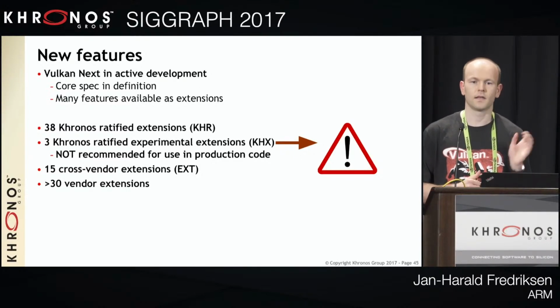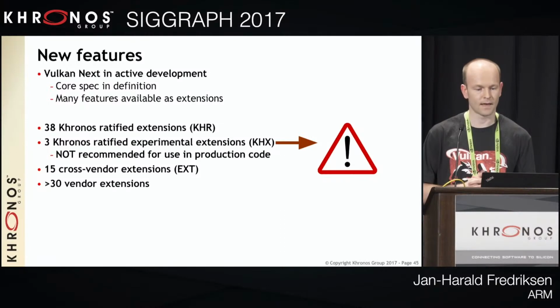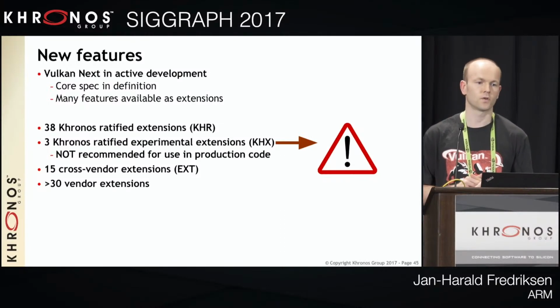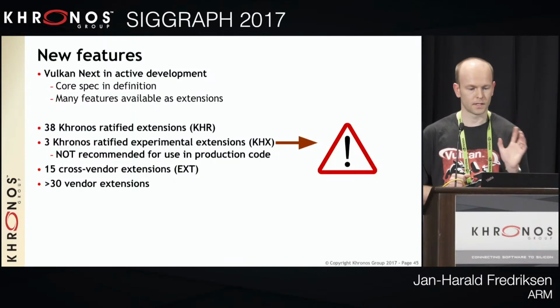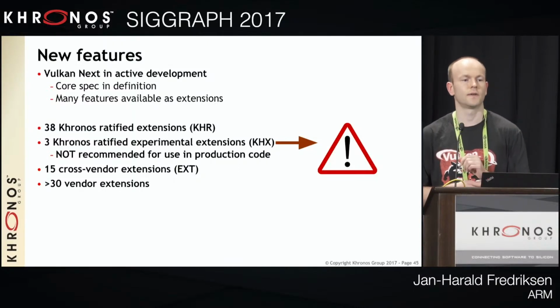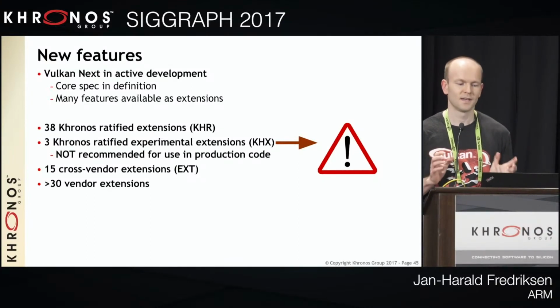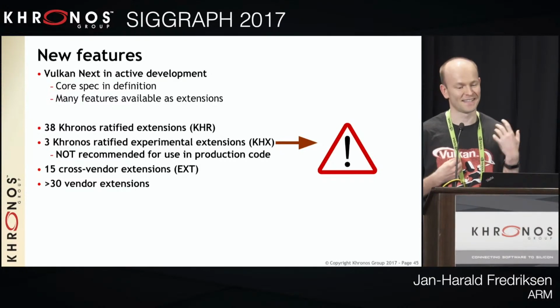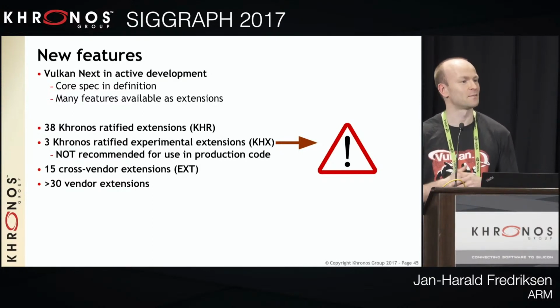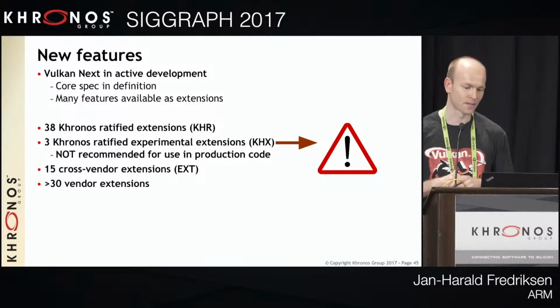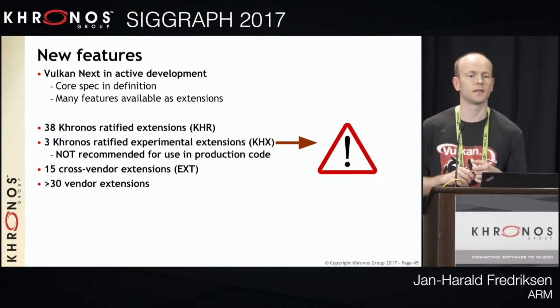And if you look in the Vulkan registry now, we have about 40 Khronos ratified extensions. We have a few experimental ones, and then there's a bunch of cross-vendor and vendor-specific extensions as well. And so more is not necessarily a goal, but it does show that there's a fairly healthy development of things going on. One note on the KHX ones, so that's something fairly new.